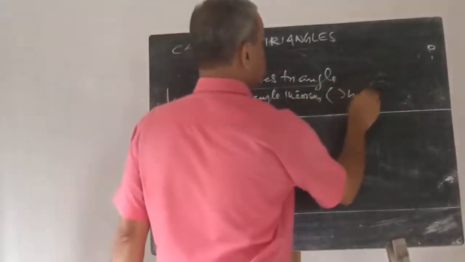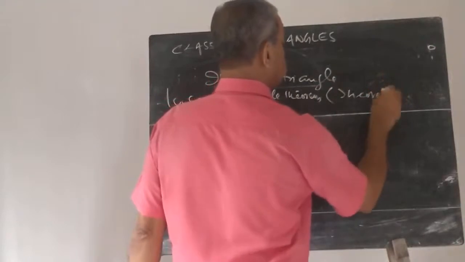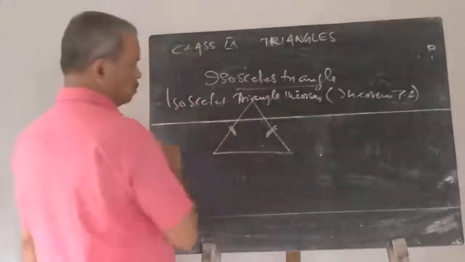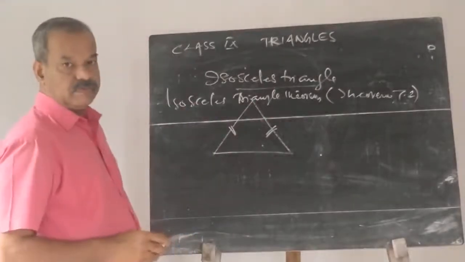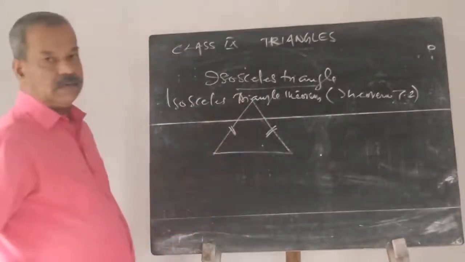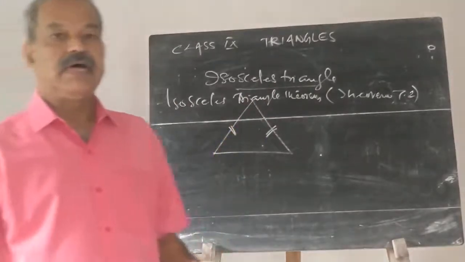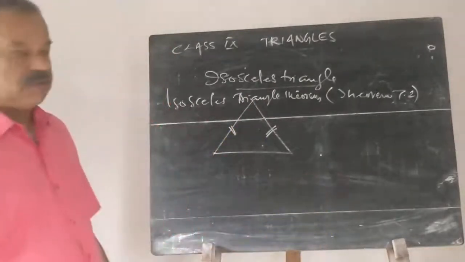Theorem 7.2. In a triangle, if two sides are equal, then the angles opposite to them are also equal.